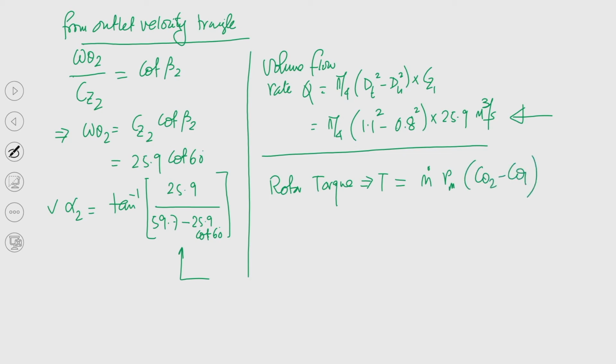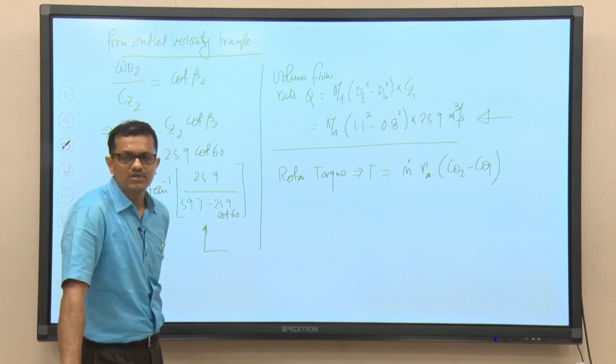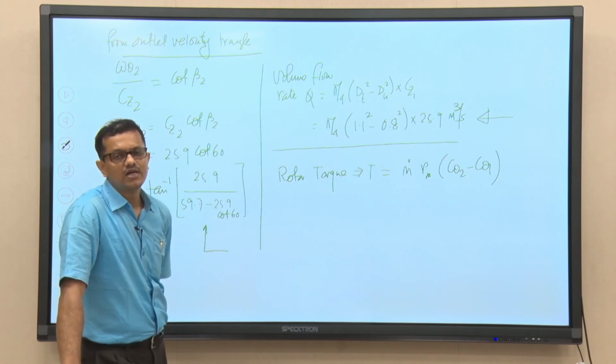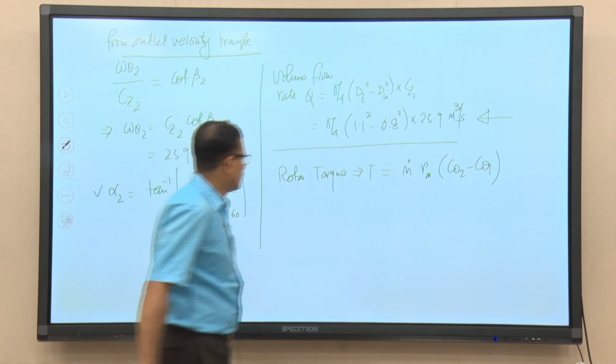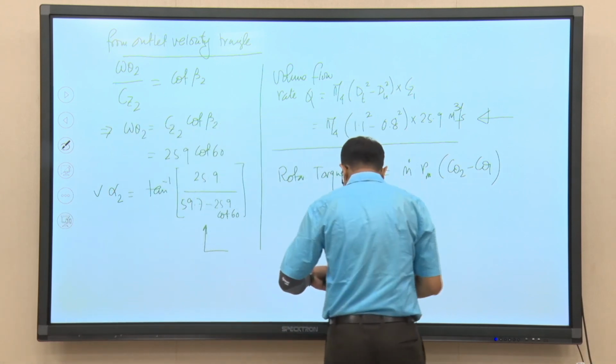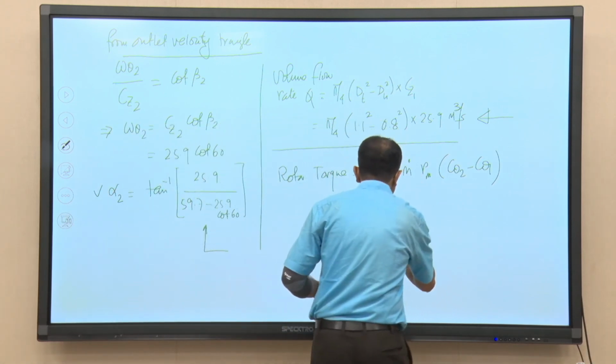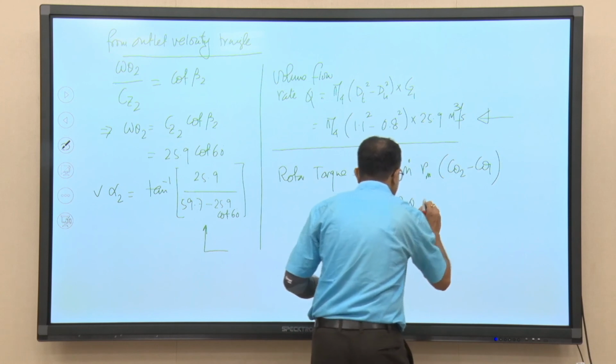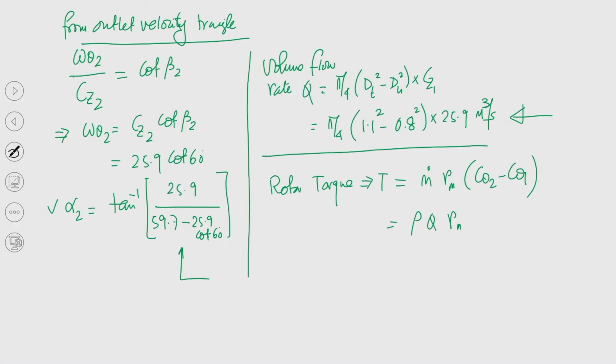In fact, that is what we had used to derive the Euler equation for the pump in one of the previous classes. If we know the mass flow rate, this is basically rho into Q into Rm into c theta 2 minus c theta 1, right.